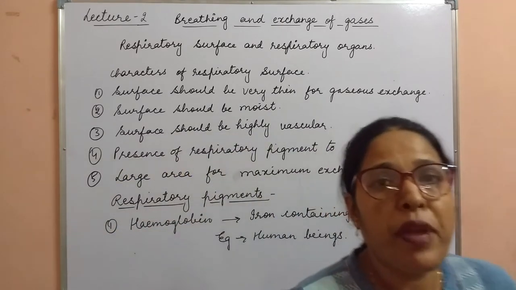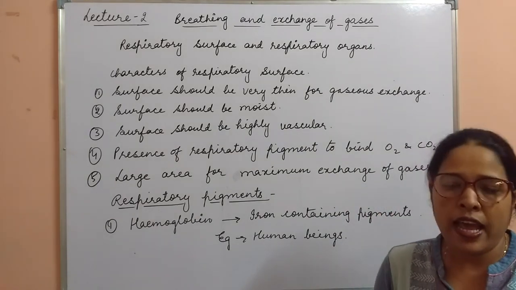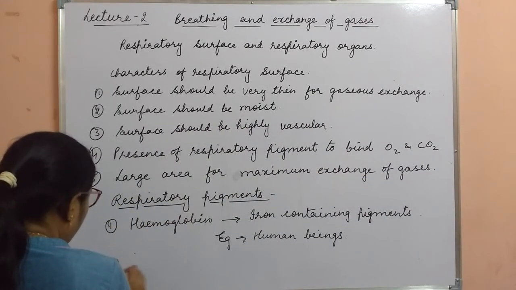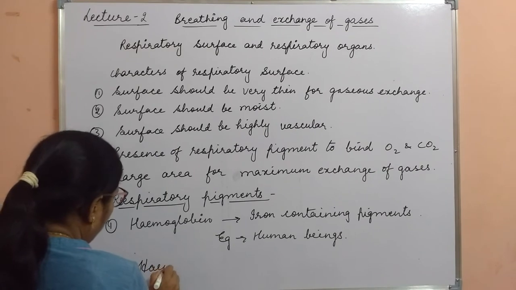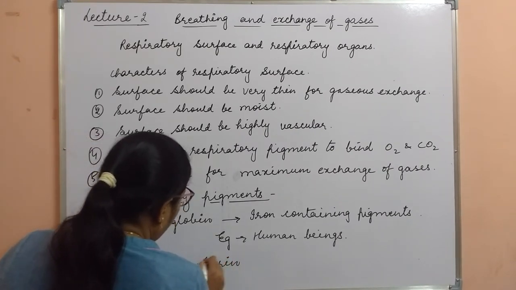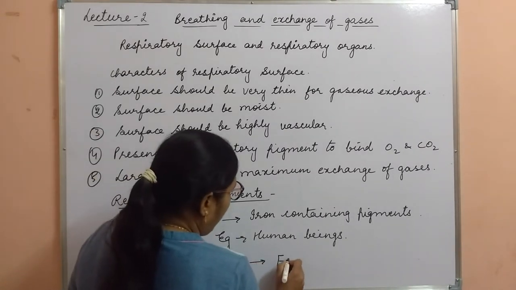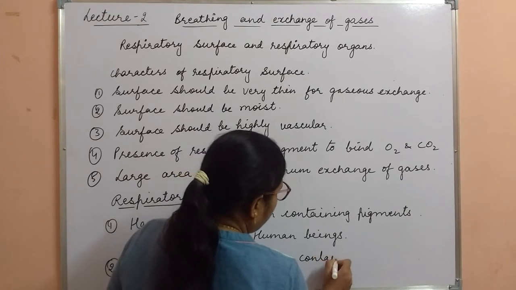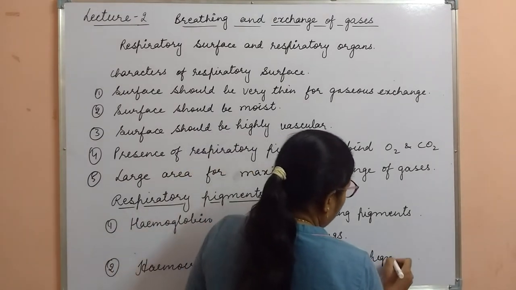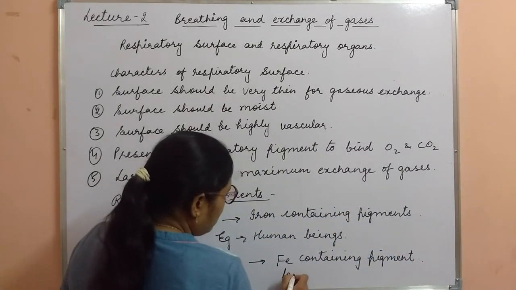The second type of pigment is called hemerythrin, which is again an iron containing pigment, mainly found in annelids.